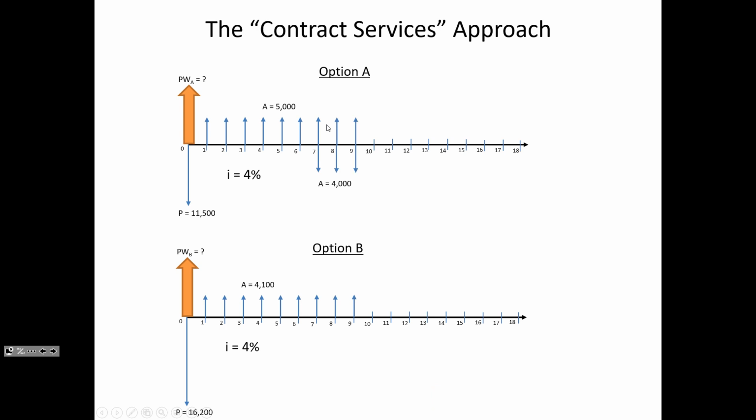We can lengthen it just by assuming we can rent some substitute equipment in year 7, 8, and 9, and now compare the purchase of option A followed by the lease of option A over a total of 9 years. Compare that to the purchase and implementation of option B. And then we'd find out which one has the highest present worth, and we'd choose the alternative with the greatest positive present worth. How to assume that value, like 4,000?